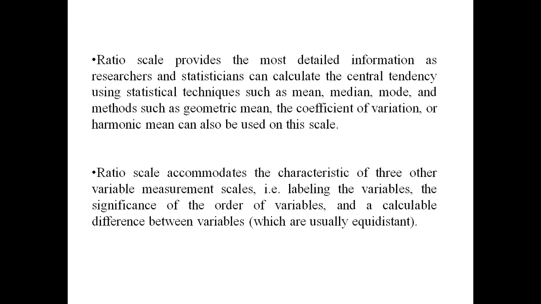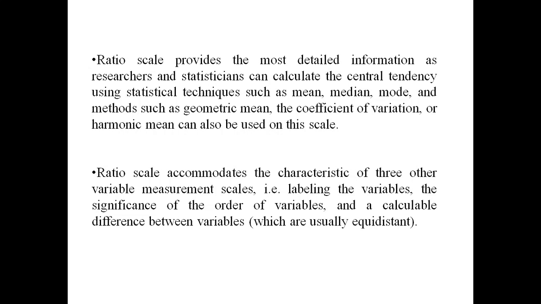The harmonic mean can also be used on this scale. Ratio scale accommodates the characteristics of three other variable measurement scales, that is, labeling the variables, the significance of the order of variables, and calculable differences between variables, which are usually equidistant.